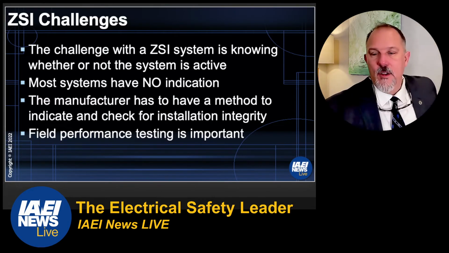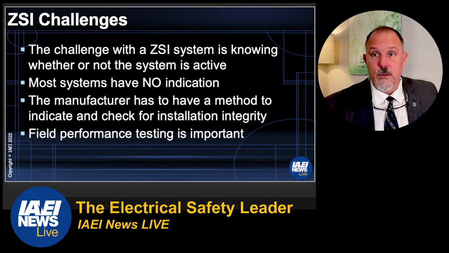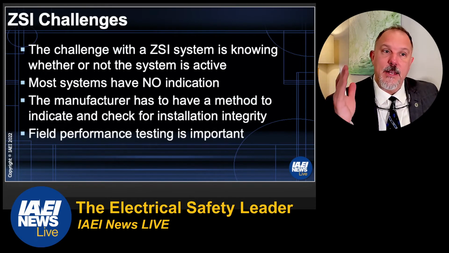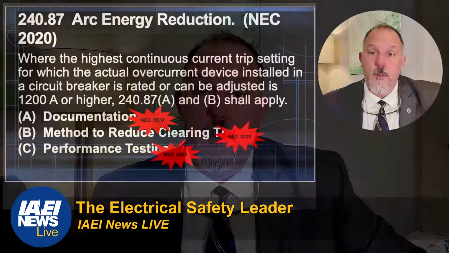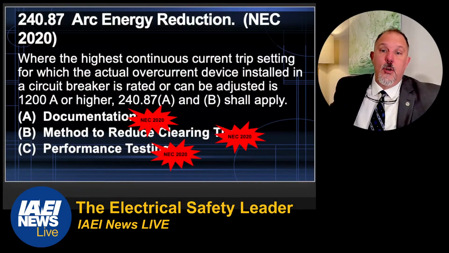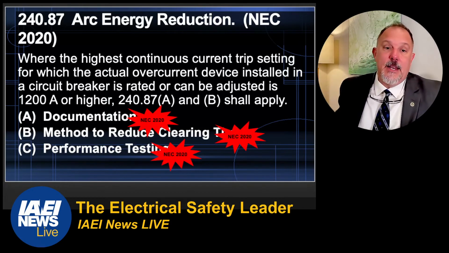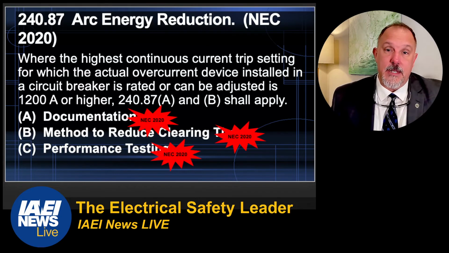So from an inspector's perspective, if you're using ZSI to meet the requirements in 240.87, then you need to figure out a way to verify that the equipment was wired correctly. The other good thing is that one of the new sections they put in 240.87(C) has what we call performance testing.